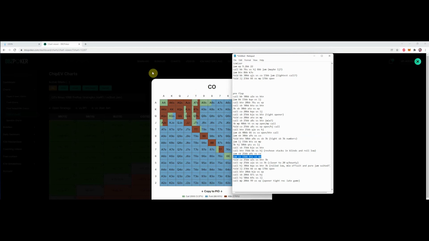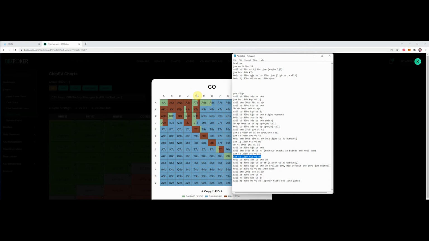This is essentially how I would read it in this spot too. Same can go for the ace 10 suited here. You do see that ace 10 suited mainly wants to call and has a little bit of jam here. In general it mainly wants to call, but let's say that EP is a very big stack, and they're opening between 35 and 40% of hands from early position, which is obviously insanely wide.